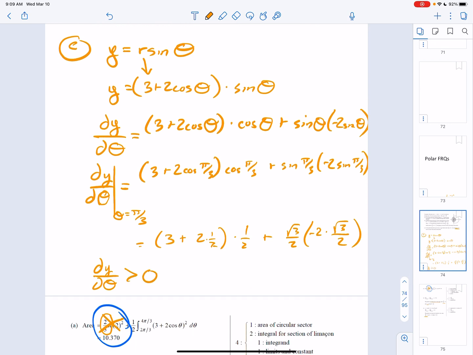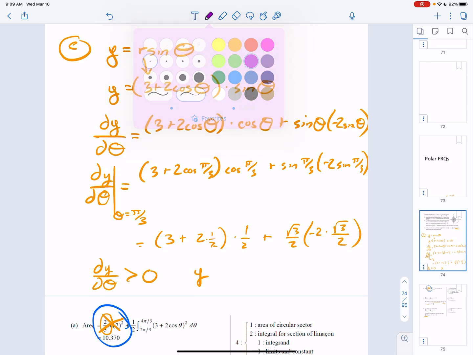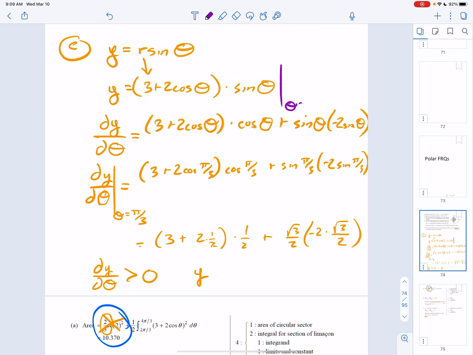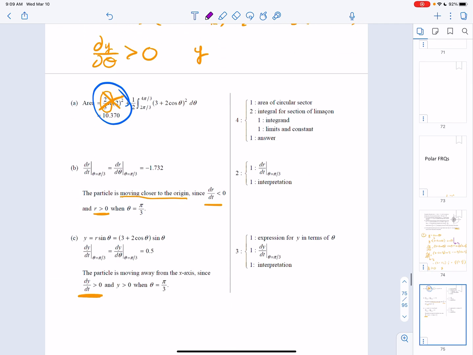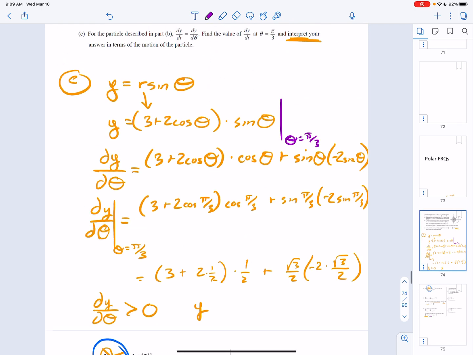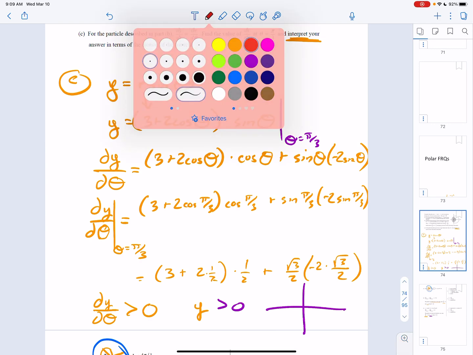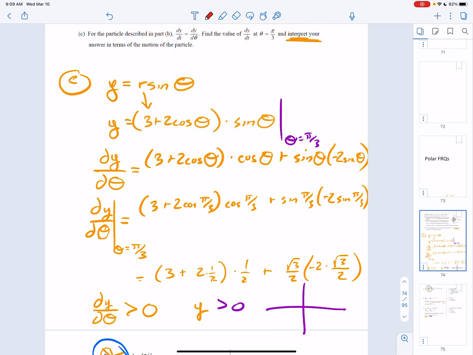So remember, you also have to check out what's happening with the y here. So back up here, you would have to plug in what π/3 is and evaluate there. And I'm going to cheat a little bit there as well. y comes out positive. So if y is positive, so let me just give you an example here. If y is somewhere above the x-axis, that's where y is positive, and dy/dθ is positive, that means that y is increasing in value, meaning it's moving upwards.